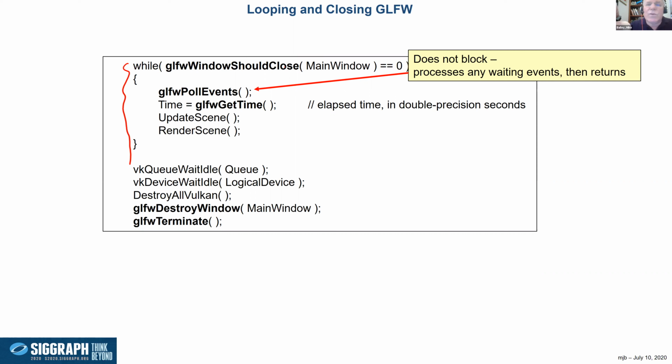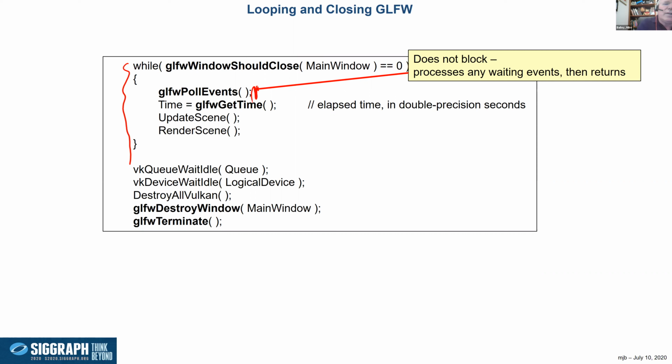It would come back as a 1. If it comes back as a 0, you should keep going. This polling events does not block. And so if there's no events, if the keyboard's not been hit, if nothing's happened with the mouse, then all you have to do is do nothing and go on.